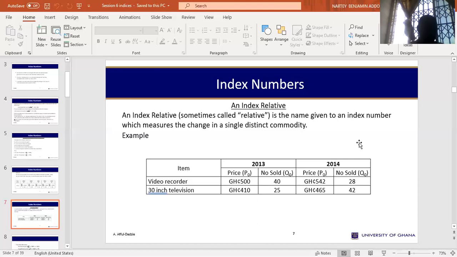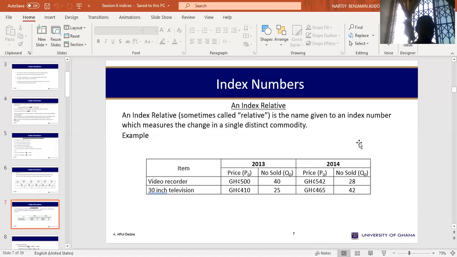Or value relative could be price relative times quantity relative times 100. You remember that price relative is Pn over P0, and quantity relative is Qn over Q0. So when we multiply the two together, we get what we call value relative.